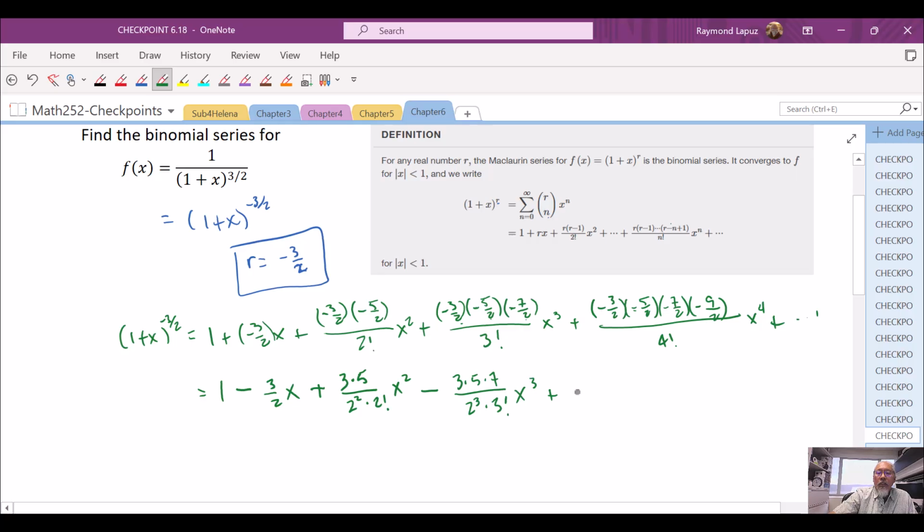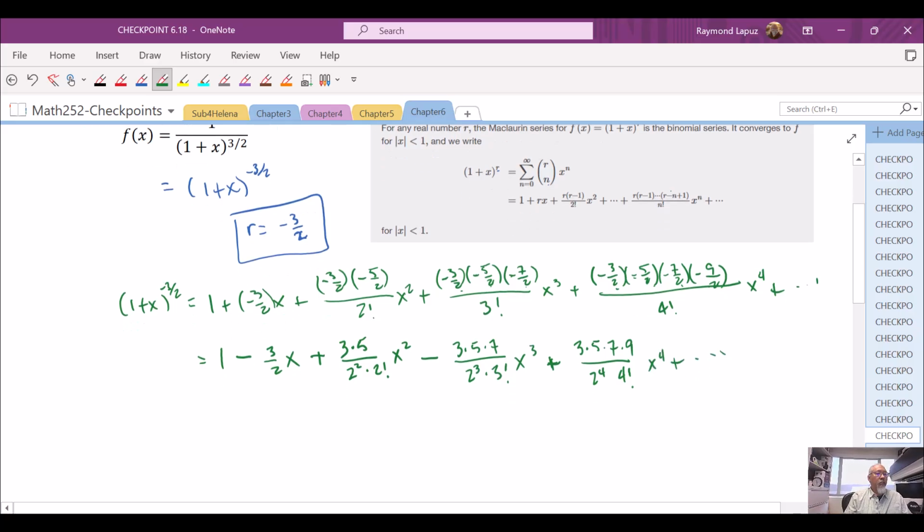The next one has 4 negative signs. That will amount to be a positive number. 3 times 5 times 7 times 9, divided by 2 to the 4th power, since there's 4 twos coming from the denominators, and then we have 4 factorial, and then x to the 4th. Okay, so I think we got a good feel for this.